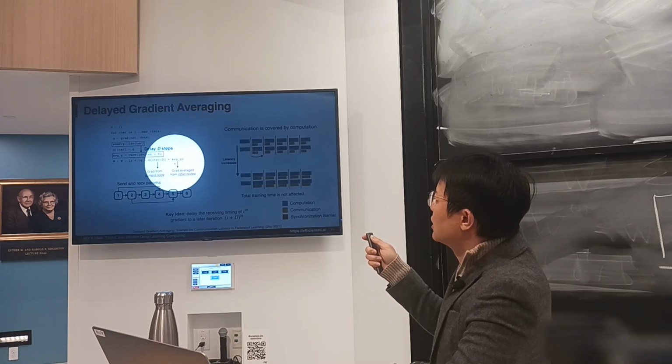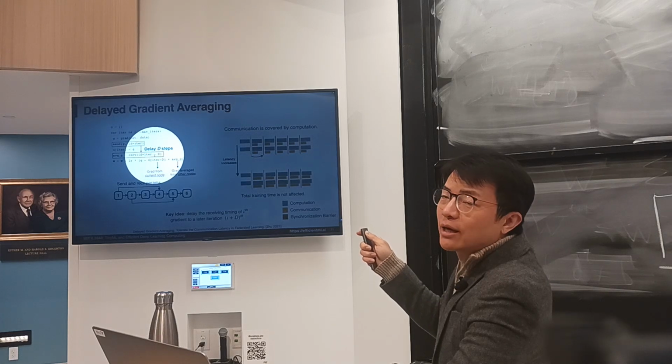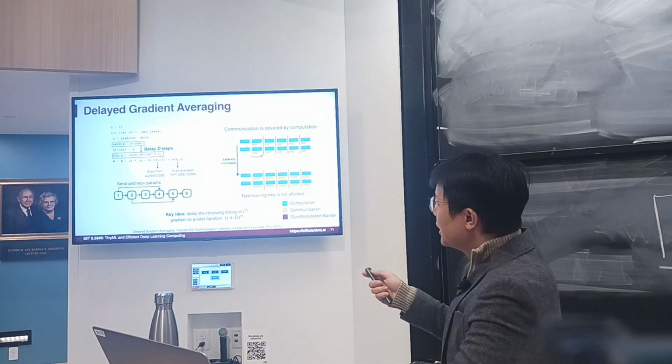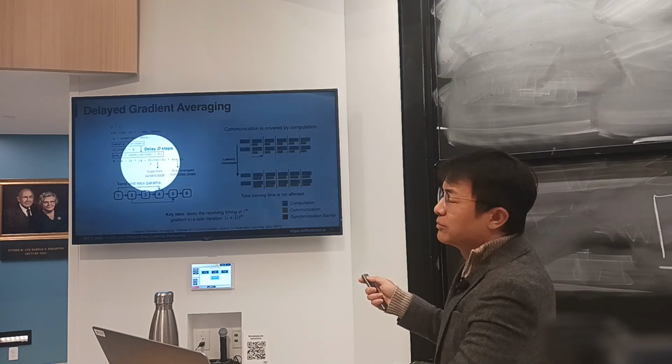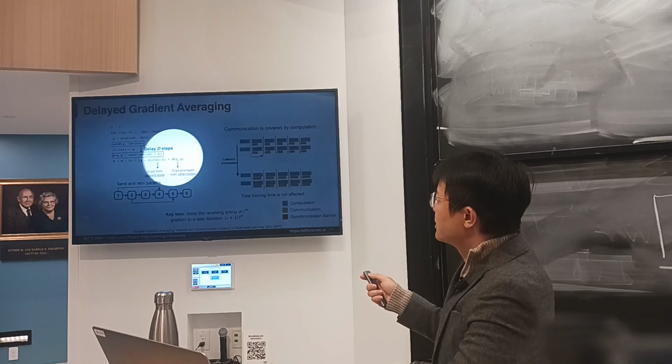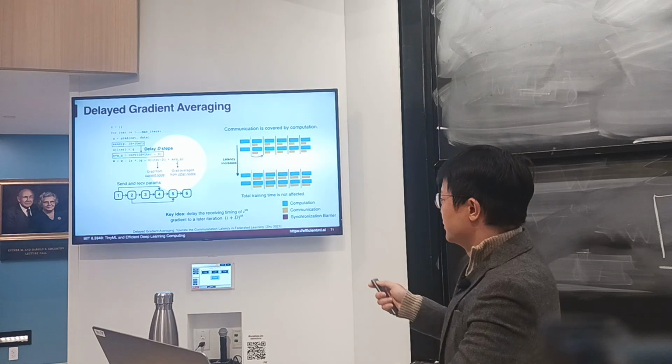And finally, we receive the average gradient from other nodes. This average G is actually delayed by D steps. So that's the only change we need to make: subtract the gradient from the current node D steps away, since we are compensated by receiving the averaged gradient from all the nodes.